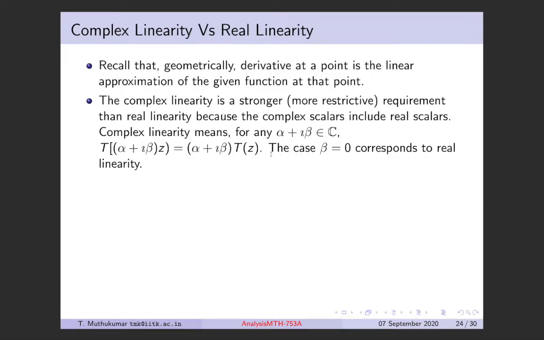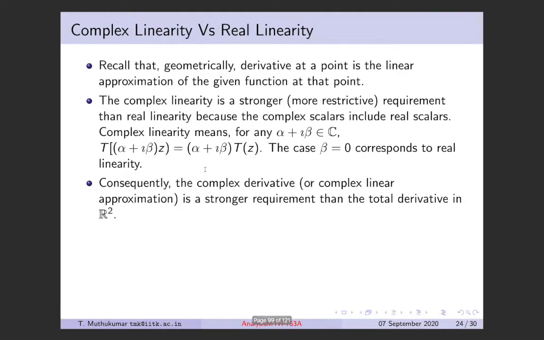So this automatically implies that anything that is complex linear is also real linear, which means that complex linear is actually a smaller collection than real linear, right? When we see linear maps on R2, we see R2 as a vector space over R of dimension 2, whereas C is seen as a vector space over C of dimension 1, right? So in that sense, complex linear maps are a much smaller collection than linear maps on R2.